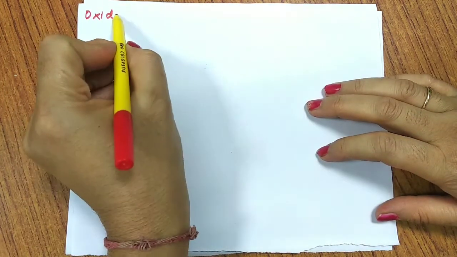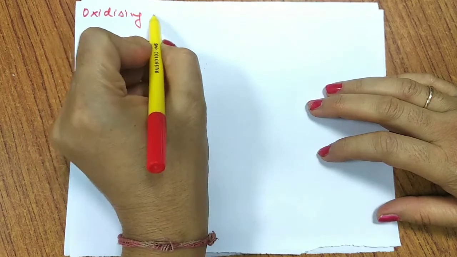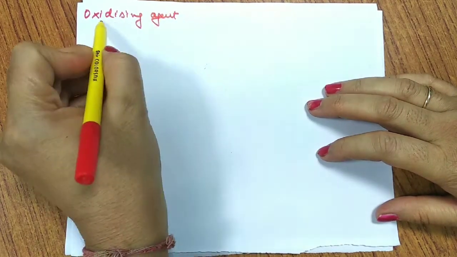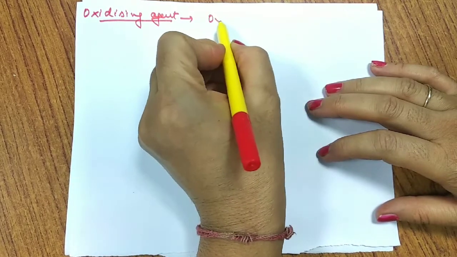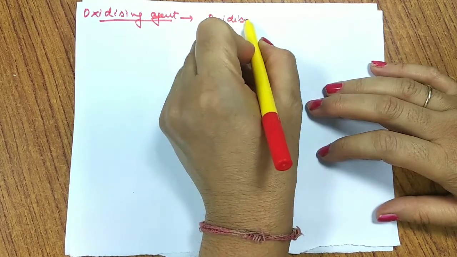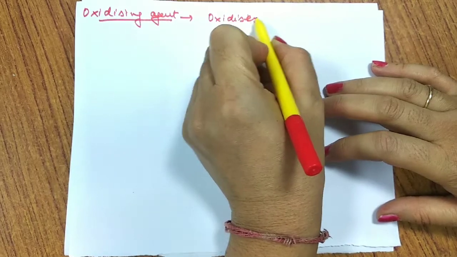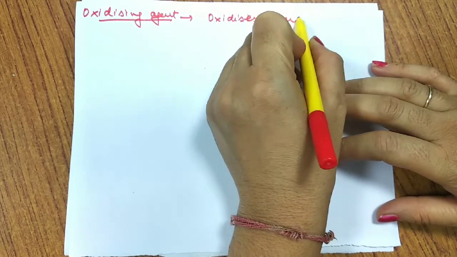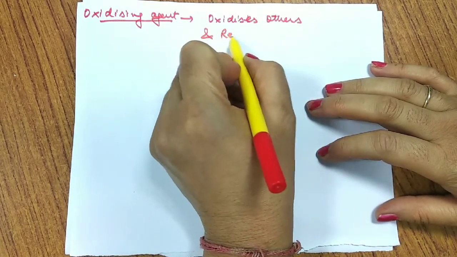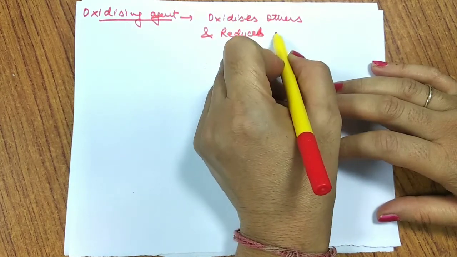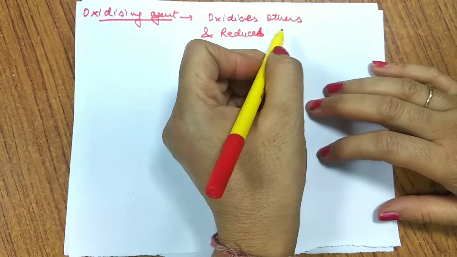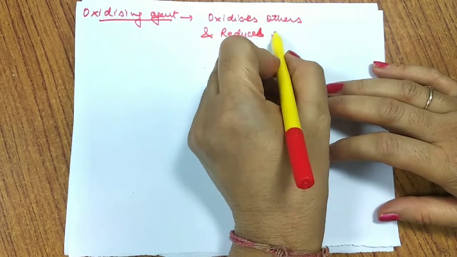After this basic definition of oxidation and reduction with their examples, now we'll move to what an oxidizing agent is. When we talk about an oxidizing agent, we say that any substance which oxidizes others and reduces itself. That means the substance itself undergoes reduction but oxidizes others.